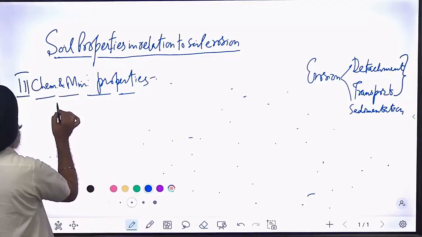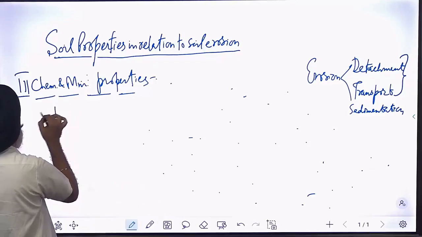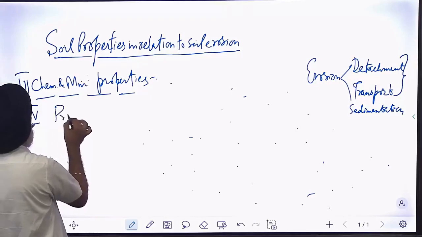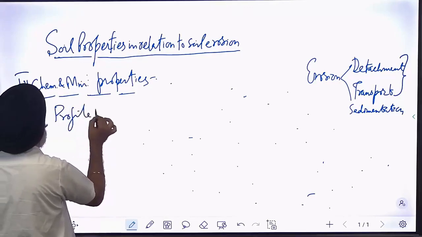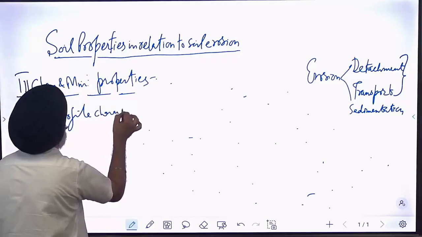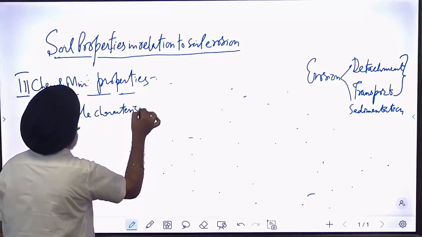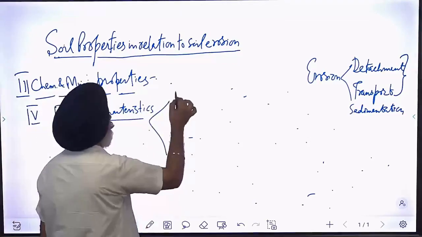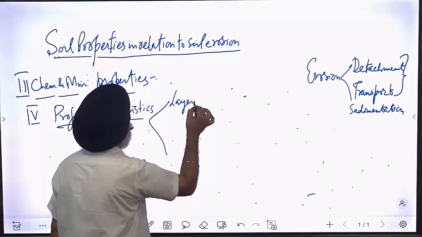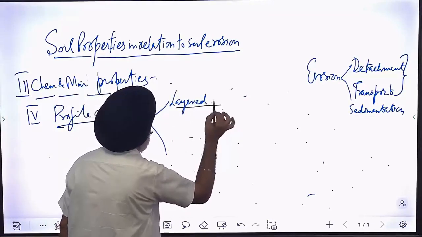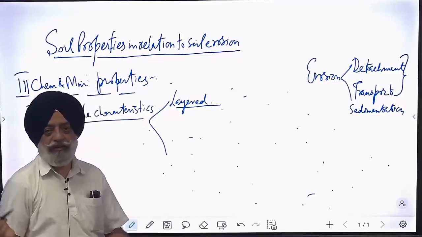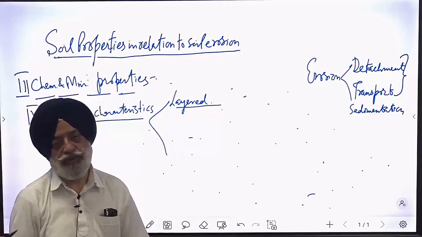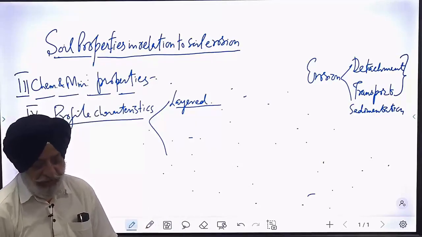You can call it the fourth or fifth group, profile characteristics. One we have already discussed: the profile could be layered, and as I said earlier, the most restricting layer will determine the extent of erosion or runoff taking place, number one.